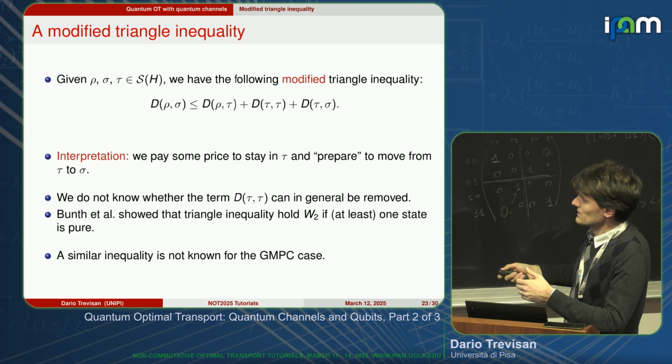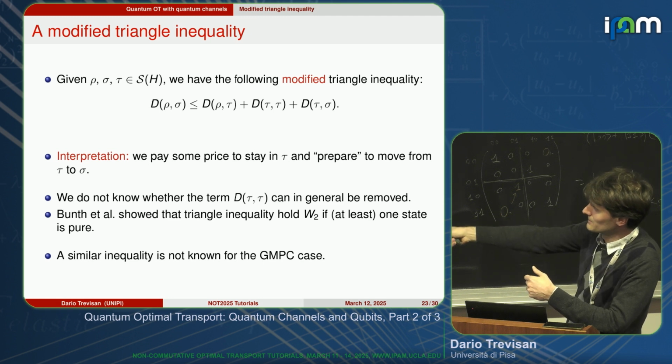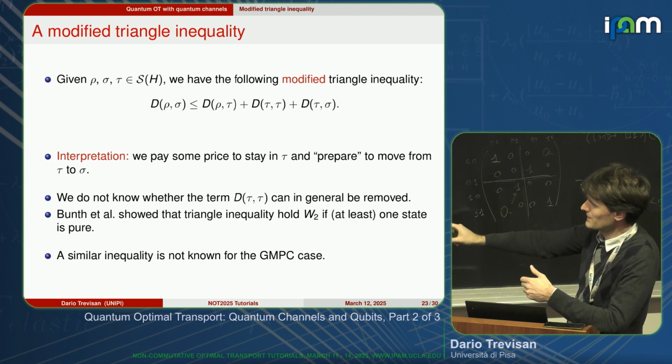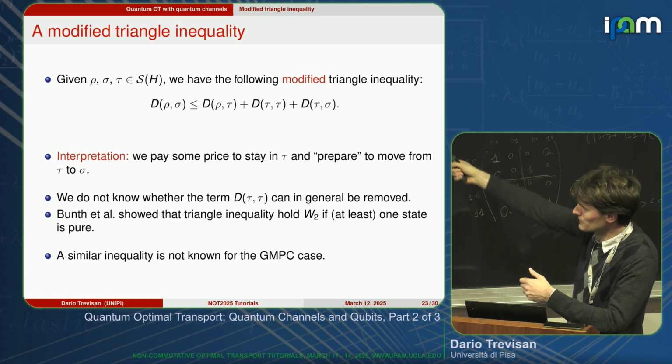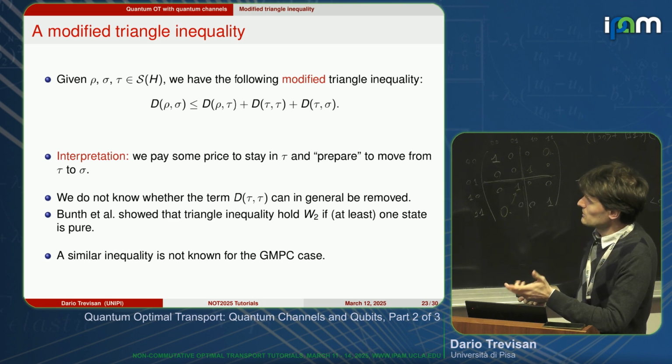Somehow it's like you end up in tau, but you need to pay a small price to stay there and then move from tau to sigma. In general, we still don't know whether this can be removed, so maybe the inequality is also true without the distance from tau to tau.